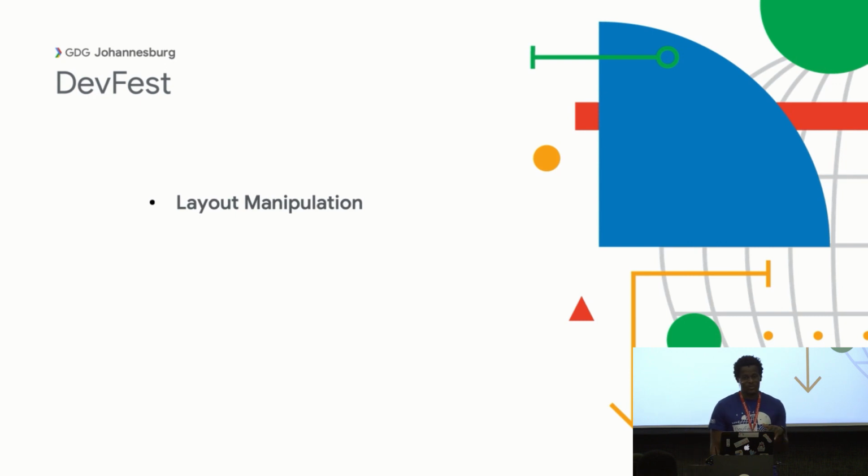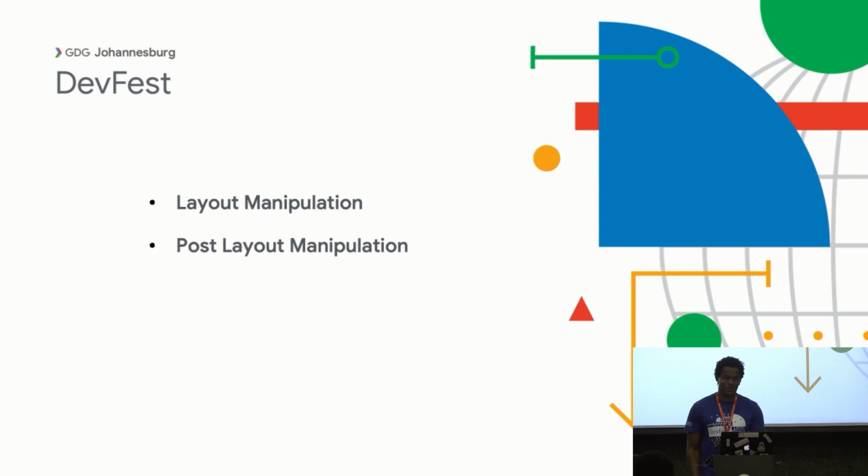This is what you use when you're laying out the views. It helps you to do that. And then you've got what they call post-layout manipulation. These are called after the layouts. And then you've got decorators. Decorators are things like, you want a bubble effect or some physics to be done onto your views.